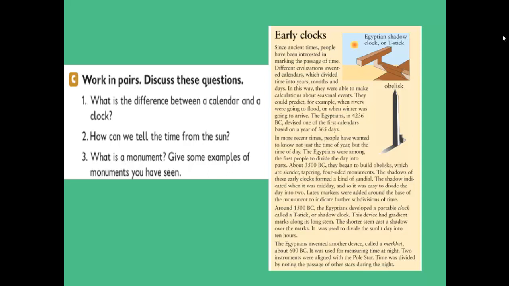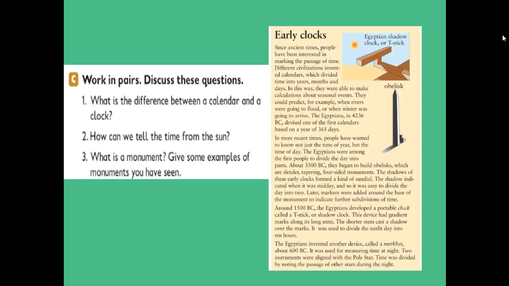The Egyptians invented another device called a merkhet. About 600 BC, it was used for measuring time at night. Two instruments were aligned with the pole star. Time was divided by noting the passage of other stars during the night.